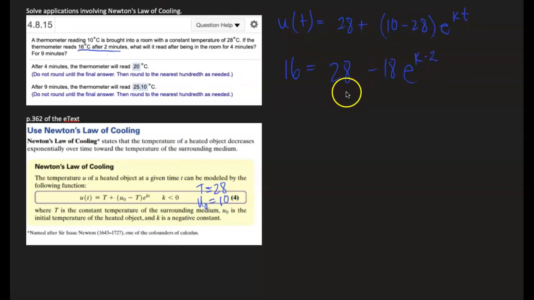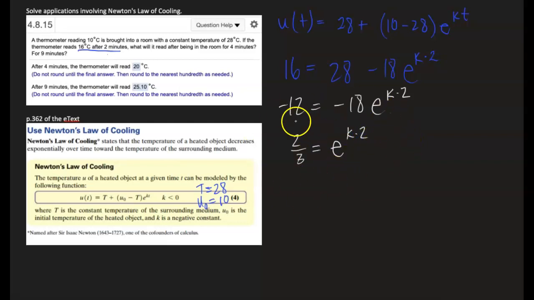So let's start by subtracting 28 from both sides. By subtracting 28 from both sides, we end up with the following. The next thing we would want to do is divide both sides by negative 18. And then after reducing that fraction, we get 2/3.